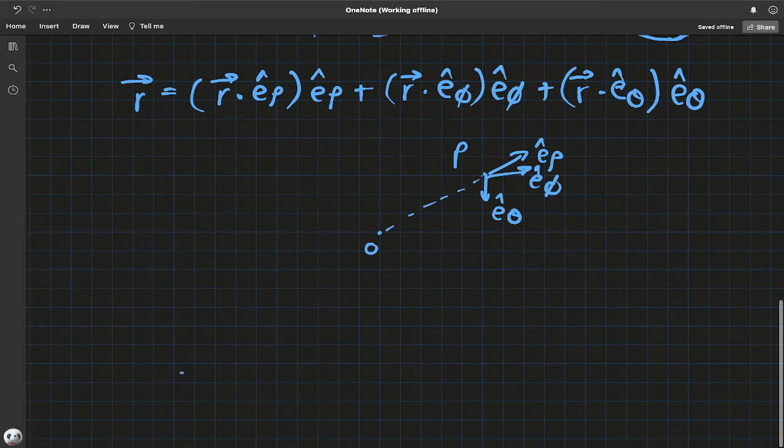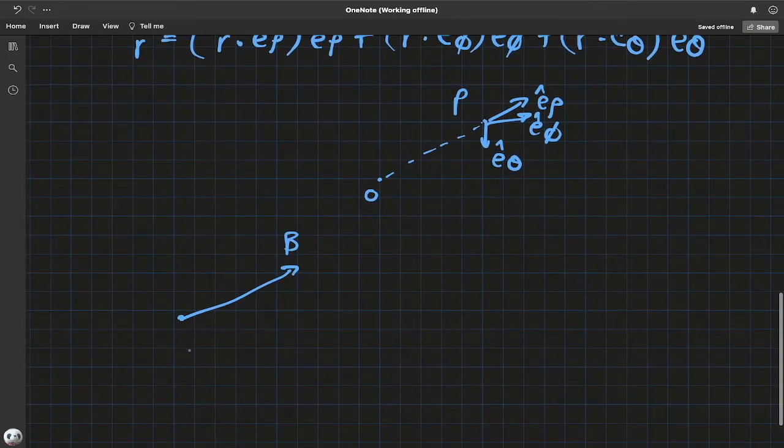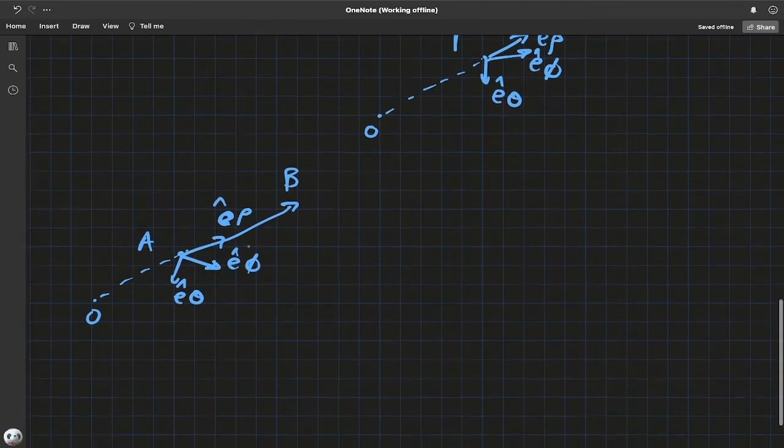If you have a vector, say B, that is rooted at point A, draw the basis vectors at point A, and then dot vector B with all of them.